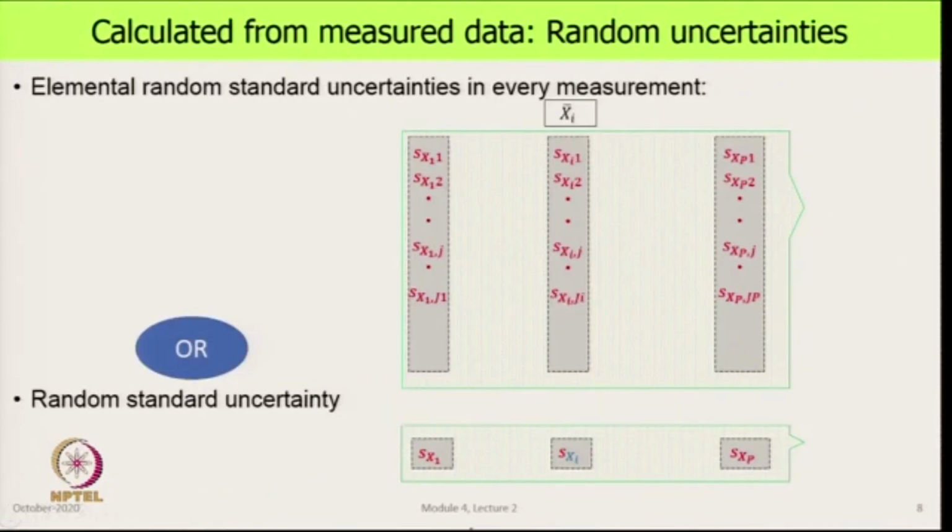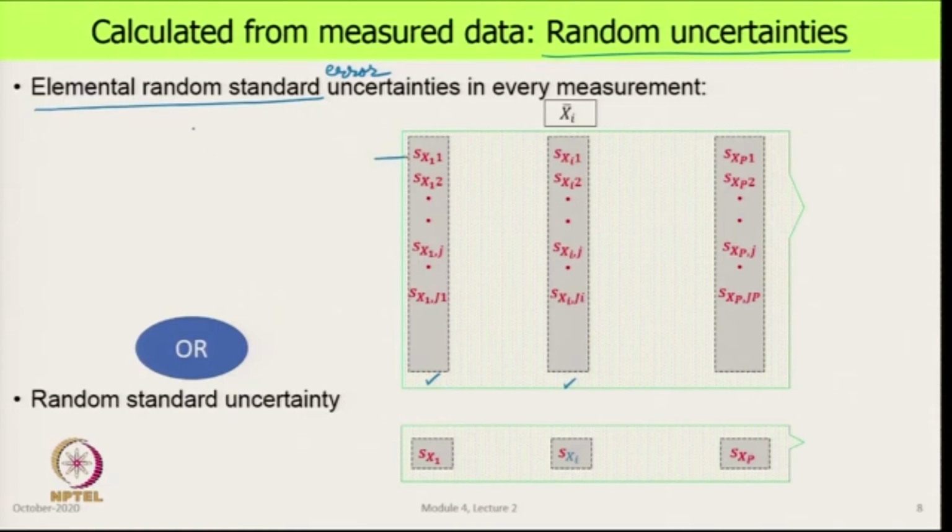The second set of information, from that basis we now calculate the random uncertainties in every measurand. So, for that we identify various elemental random sources of error, and if we have data on every one of them, which is listed here, from that we can calculate Sx1.